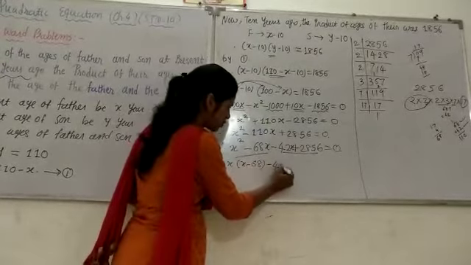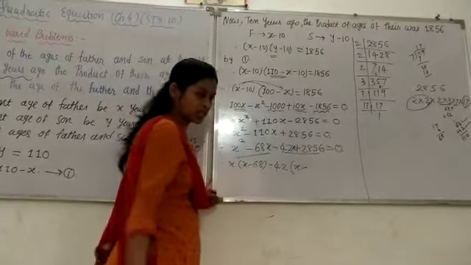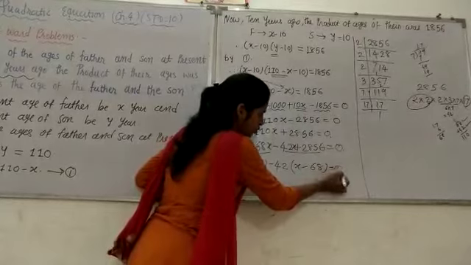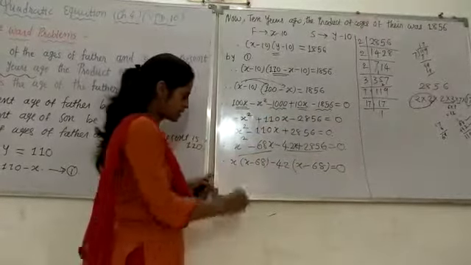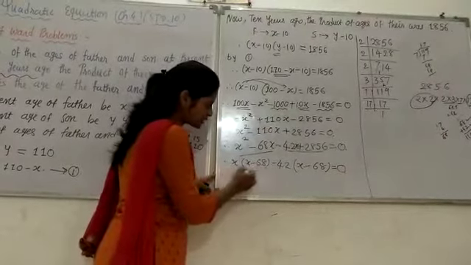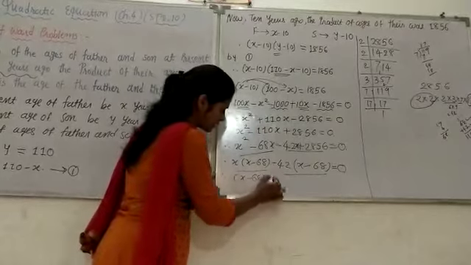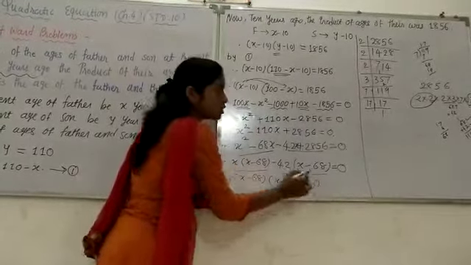Minus 42 common from the last two, so here is x, and whenever the minus sign is common, the inner sign will be changed, minus 68, which is equal to 0, because 42 into 68 becomes 2856. Now again common from first and second term, x minus 68, and remaining here is x minus 42, which is equal to 0.